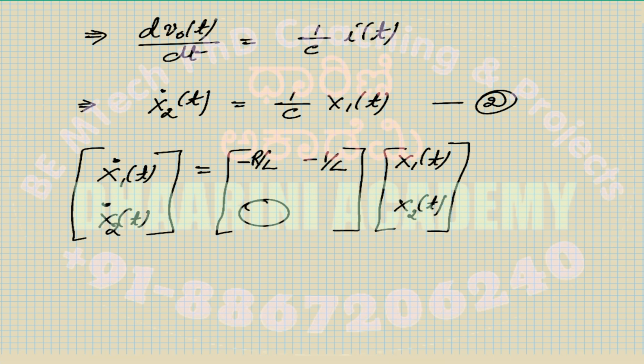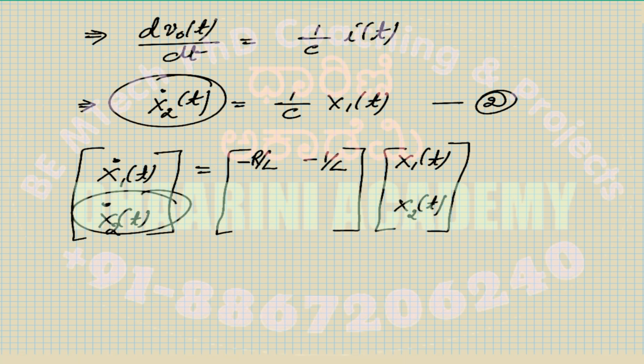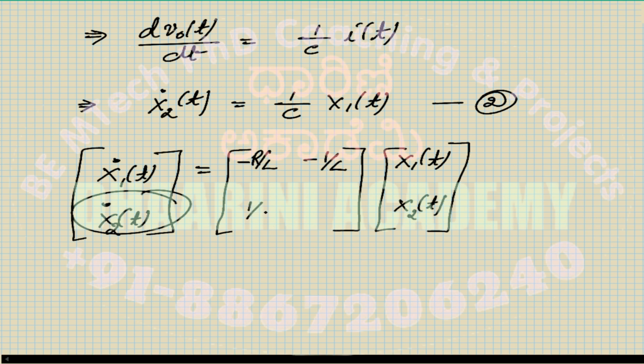So from the second equation, that is x2 dot of t, right? It's very clear that x2 dot is equal to 1 by c x1 and nothing into x2, correct? 1 by c and 0, that's all. So this value is 1 by c and 0. Okay, I got this.